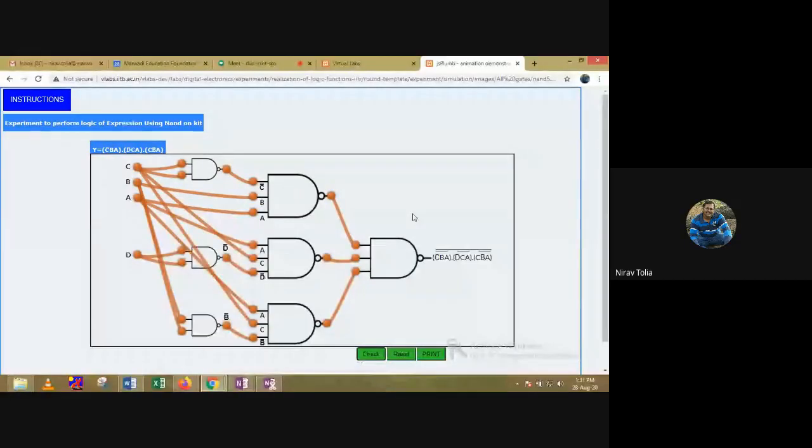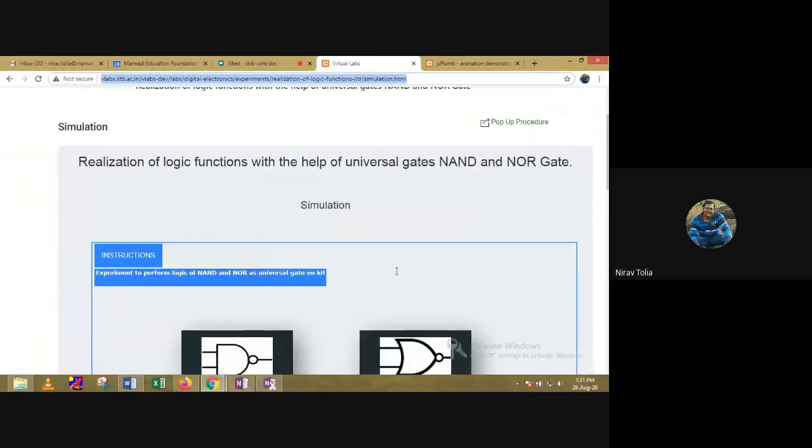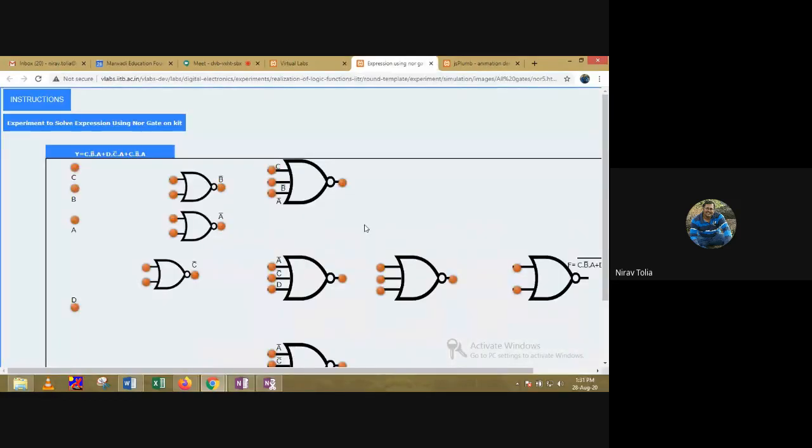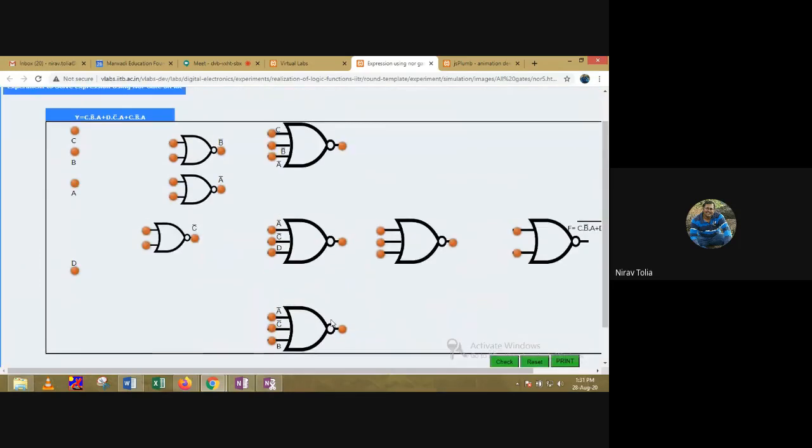So, see, you can also perform the experiment by yourself also. You can implement anything. Here we have the experiment of NAND logic. You can also implement any examples. See, this is the lengthy one.